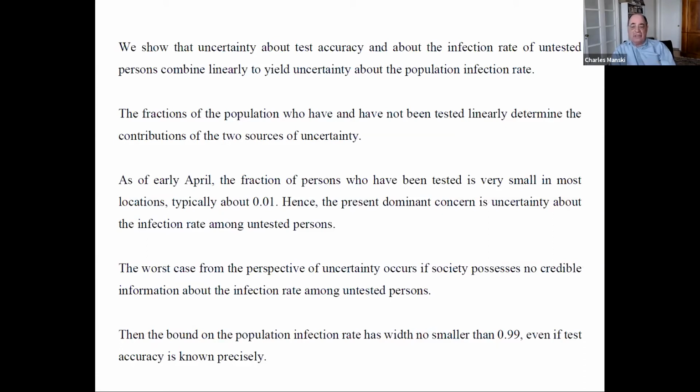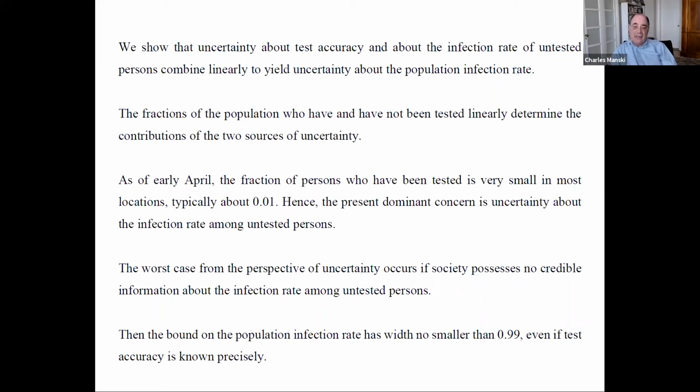There are a couple of formal results we show. This is actually in some simple formulas. There are two uncertainties that I talked about. There's uncertainty about the accuracy of the test and the bigger uncertainty about the infection rate of untested people. And they combine in a very simple linear fashion to yield uncertainty about the population infection rate. And then if you think about the fraction of people who've been tested and untested, those two forces combine as well.